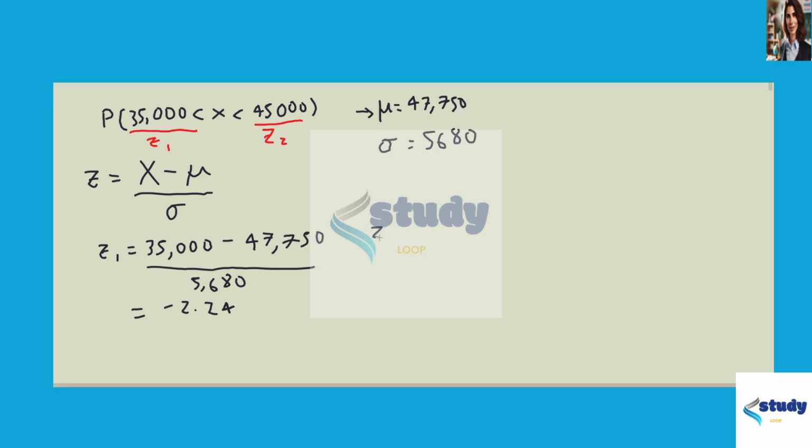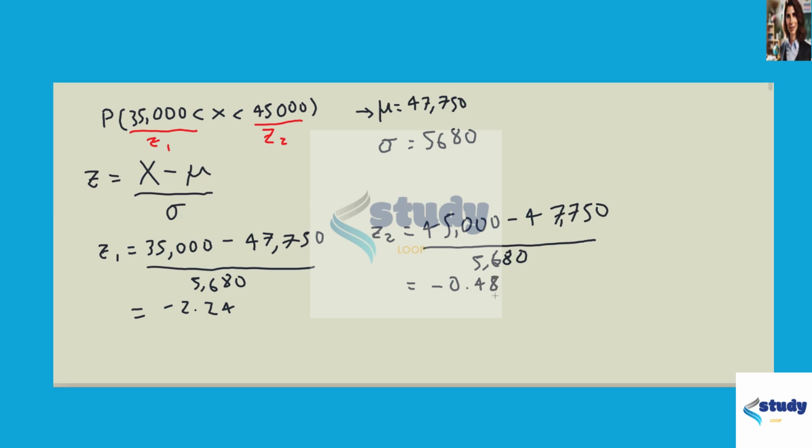Now we're going to do the same thing for Z2, which is equal to 45,000 minus 47,750 over 5,680. And we know that that is going to equal negative 0.48.